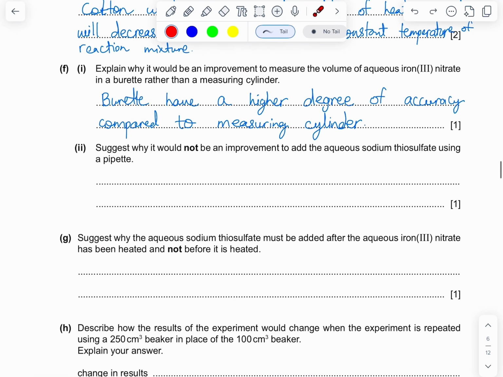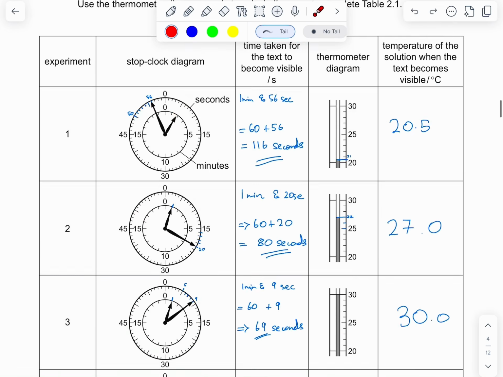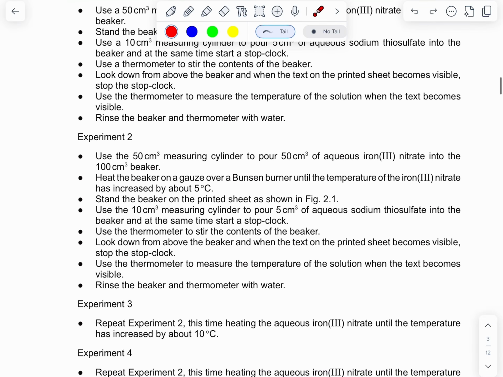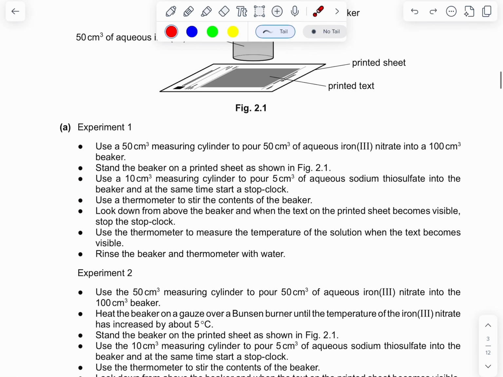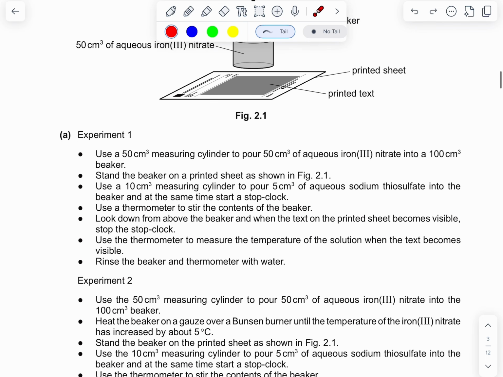Because there could be multiple reasons. It's a 1 mark question. The first thing that comes to mind is you are adding 5 centimeter cube of sodium thiosulfate. That's a very small quantity, right? Now a pipette works slowly compared to a measuring cylinder. The reason why in labs we use a measuring cylinder is so that all the reactant has been added simultaneously, so the rate of reaction can be easily determined.